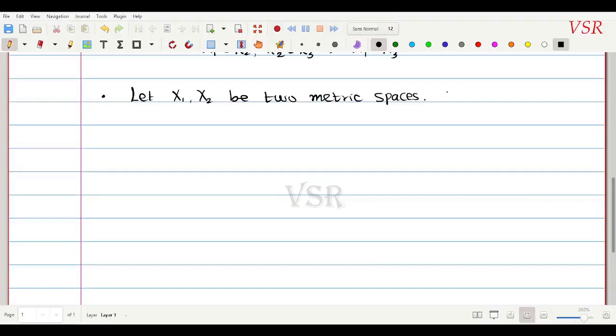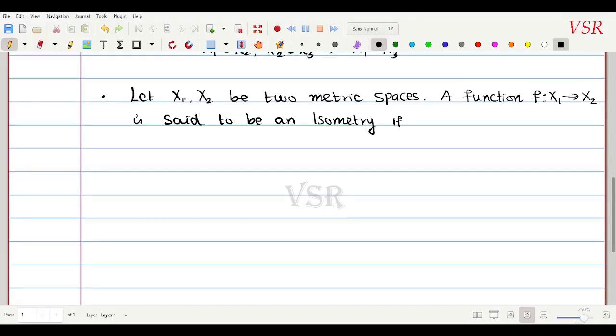A function f from X1 to X2 is said to be an isometry if it satisfies this condition: here we have (X1, d1) and here (X2, d2), and the distance d1 of (x, y) is equal to d2 of (f(x), f(y)).